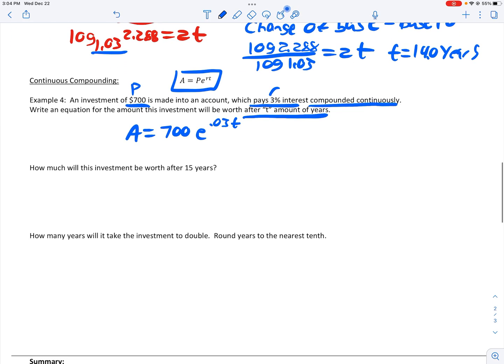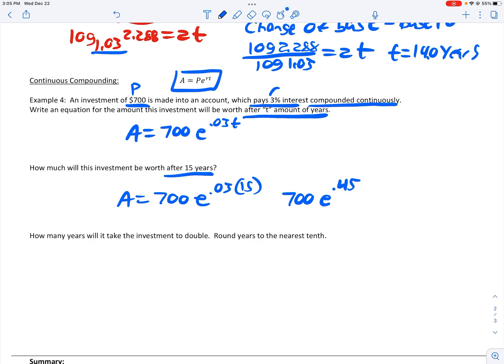How much will the investment be worth after 15 years? So 0.03, T would be 15. So 0.03 times 15, you get 0.45.